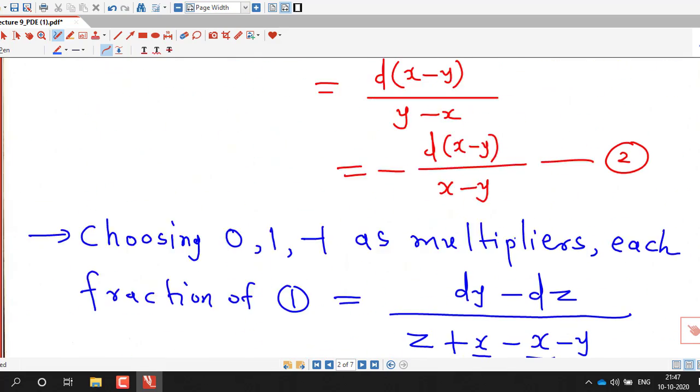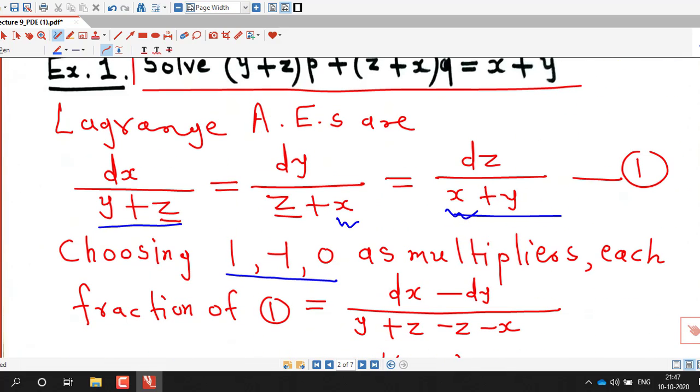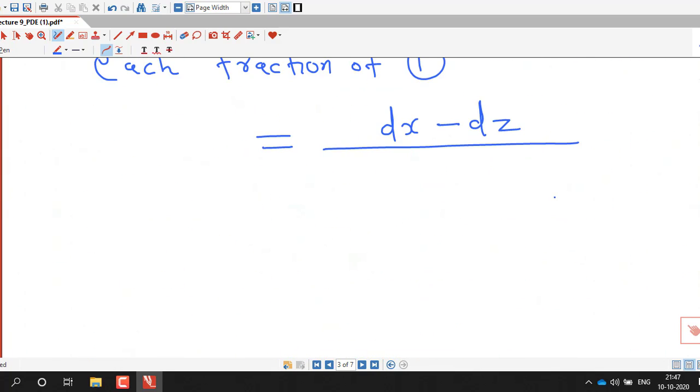So it is dx minus dz, and we have to take y plus z minus x plus y. So y plus z minus x plus y, that is minus x minus y.